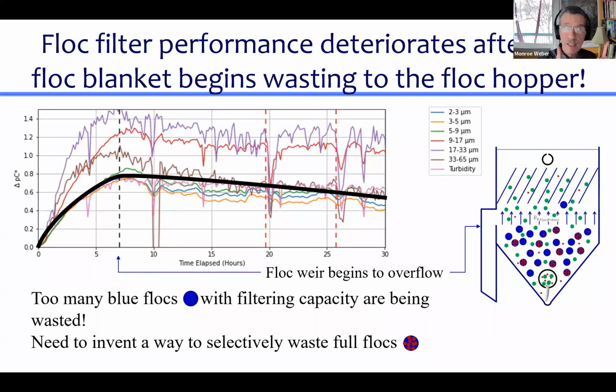Before that time, none of them get wasted because we're not wasting any flocs. So it's once the floc filter gets to the floc hopper and starts dumping, we start losing some of those flocs that we were counting on, the blue guys.